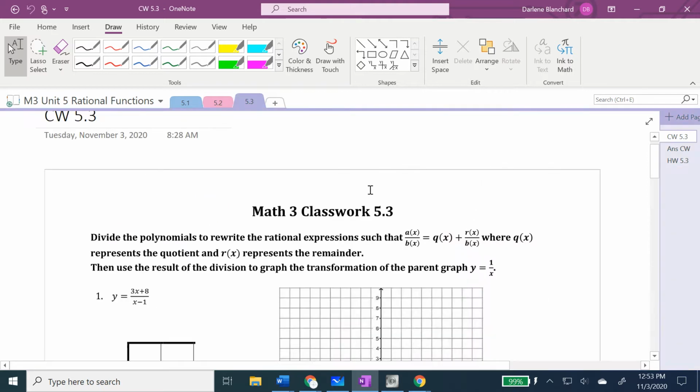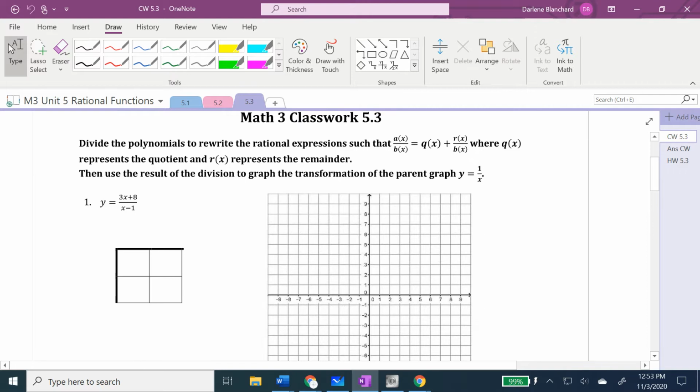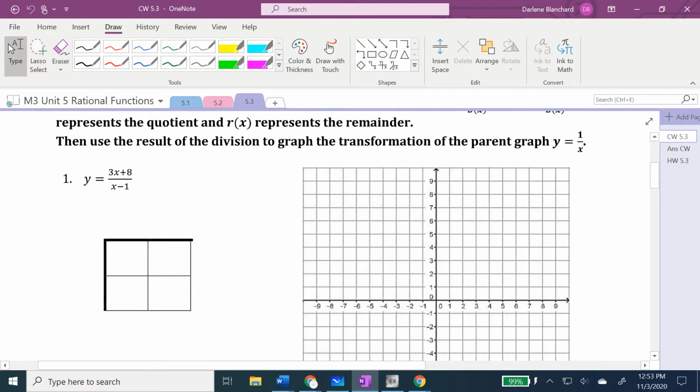But now what I'm going to do is give you problems where you're going to figure out what the manipulation of the parent graph is by performing division. So here we go.